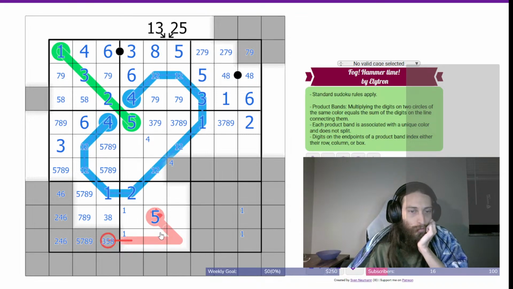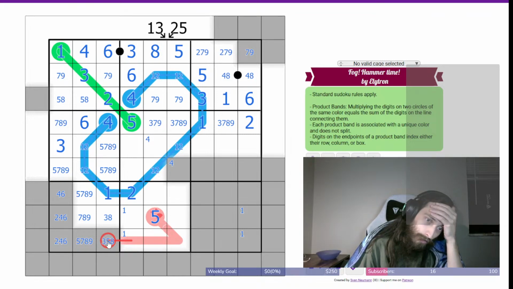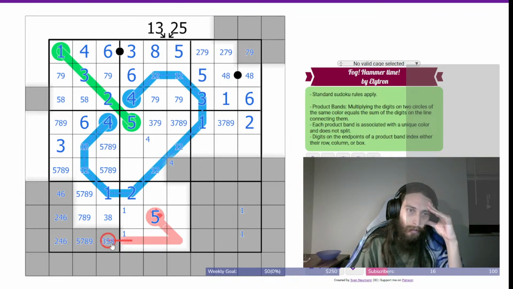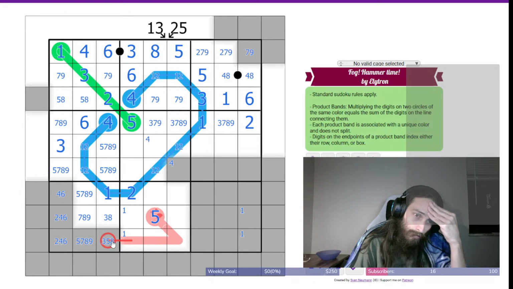Because 5 times 8 is 40, and you clearly can't get 40 in 3 digits. And 5 times 5 is 25, but 7, 8, and 9 are 24. 5 can't be an endpoint there. Oh, that's true. What would this be an endpoint of? Column 3. 3, 7, or 9. Right, so that would only be able to be a 3.